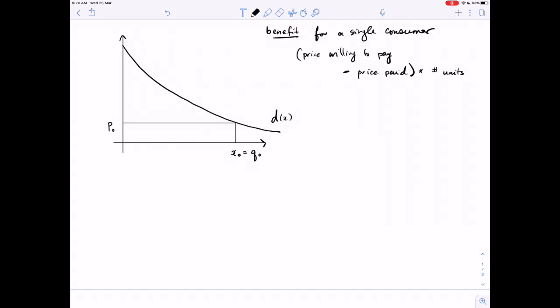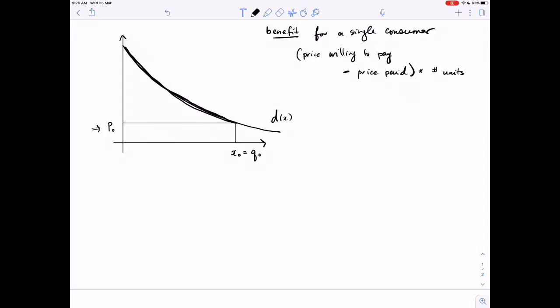So for example, if the price is set at P0, then anybody who was willing to pay more than P0 is receiving a benefit, right? So anybody along this part of the demand curve here, anybody who would only pay a lower price, well, obviously they're not receiving a benefit if they have to pay P0.